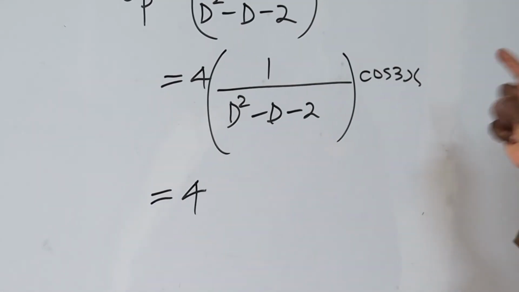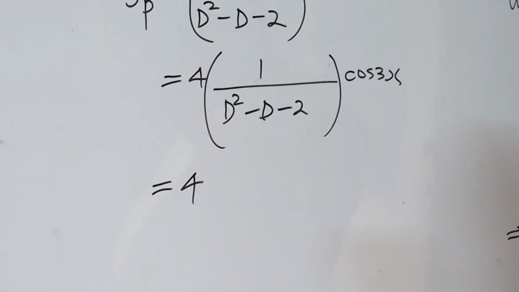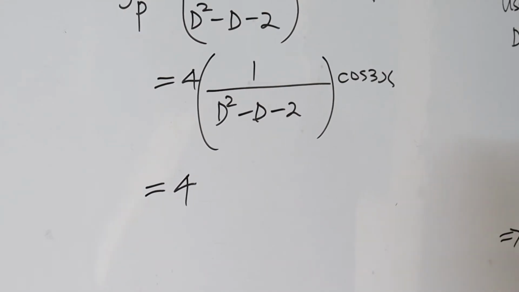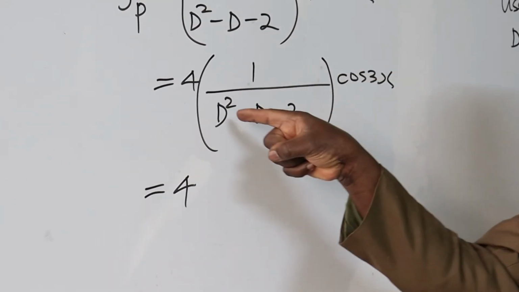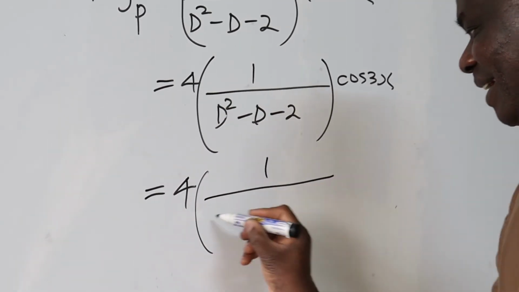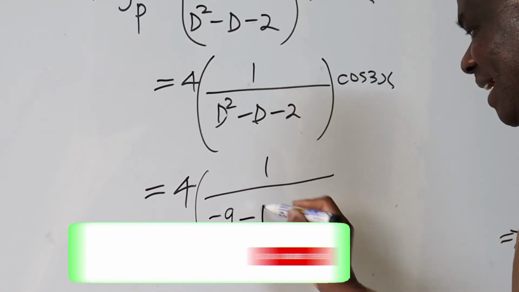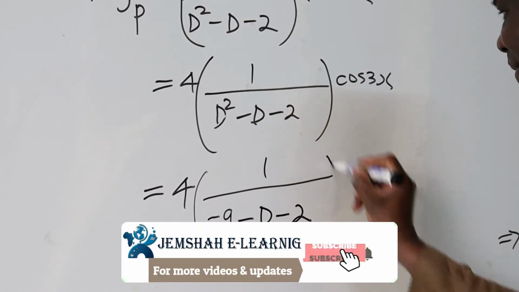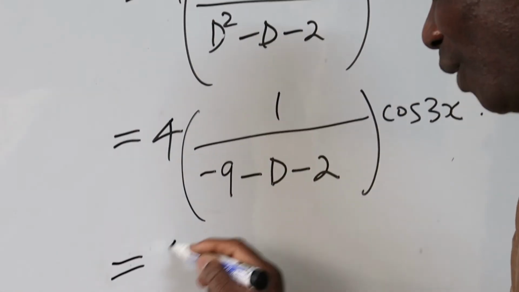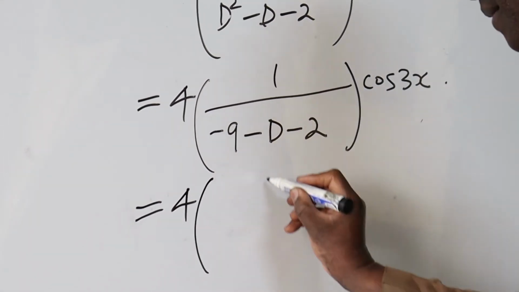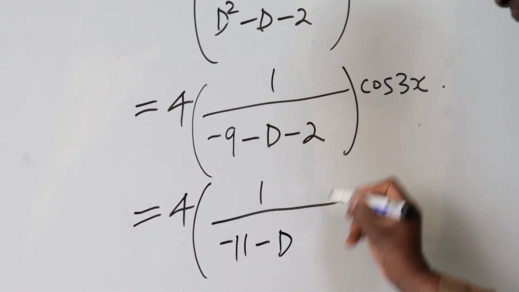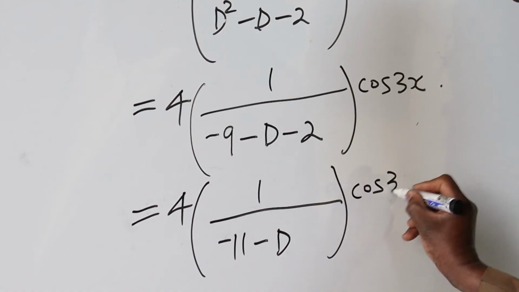We take the a, which is 3, and square it. 3 squared is 9. Then we give it a negative sign and replace where there was D squared. So this will be 1 all over negative 9 minus D minus 2, acting on cos 3x, which will be equal to 4 into 1 over negative 11 minus D, acting on cos 3x.